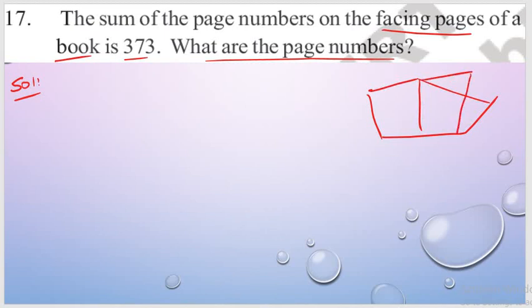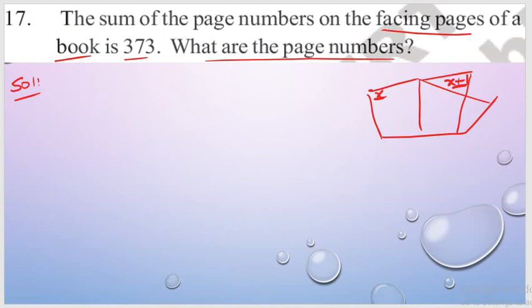If you observe two pages, these two are the facing pages. Any two facing pages are always consecutive. That means if this page is x, then this page will be x plus 1.